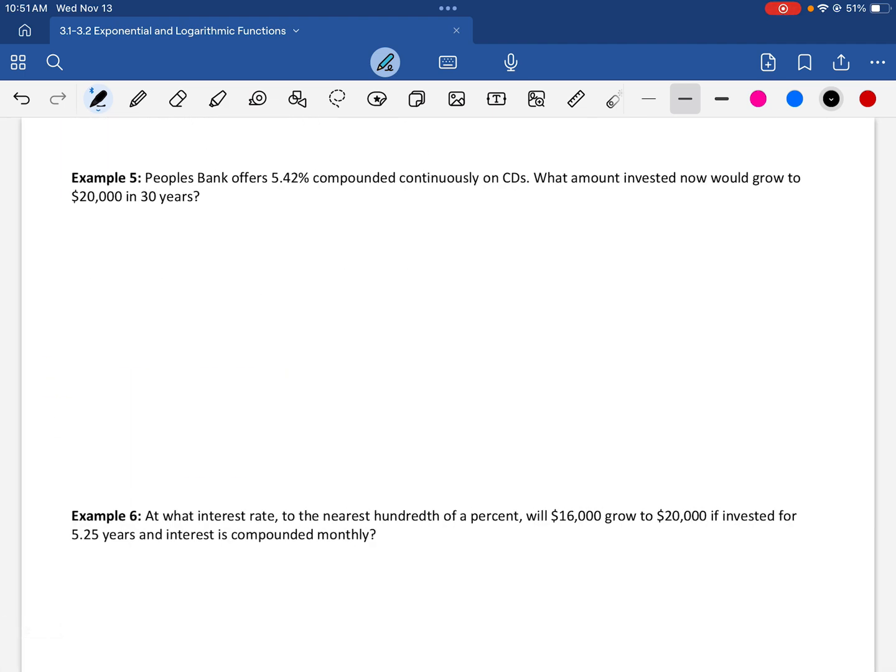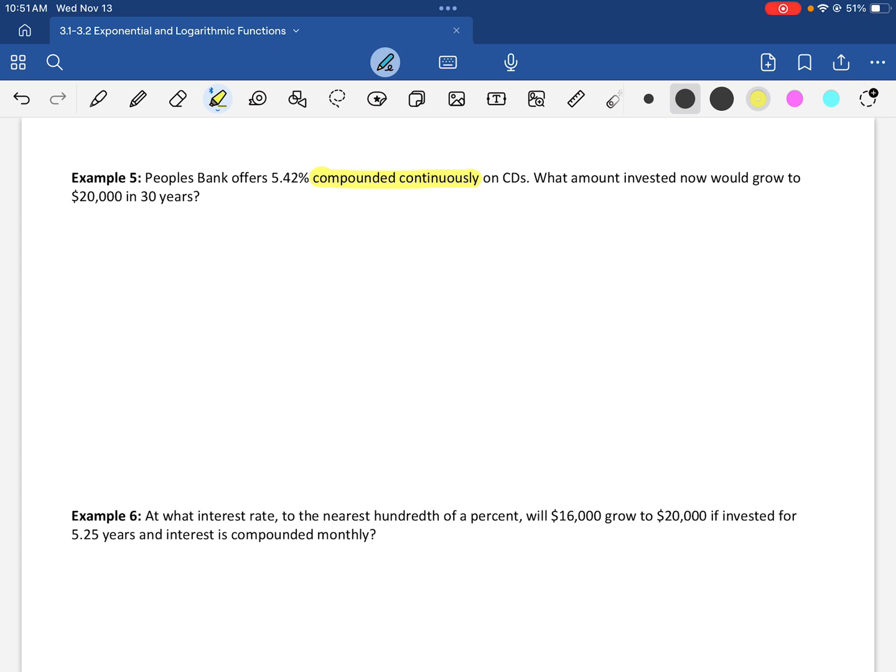Right, still working with a couple of these examples. We've got People's Bank offers 5.42% compounded continuously, there's the key, on CDs. What amount invested now would grow to $20,000 in 30 years?